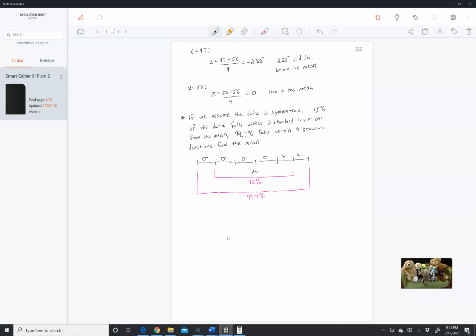So one of the other things that we can do is compare different pieces of data to look at other things.